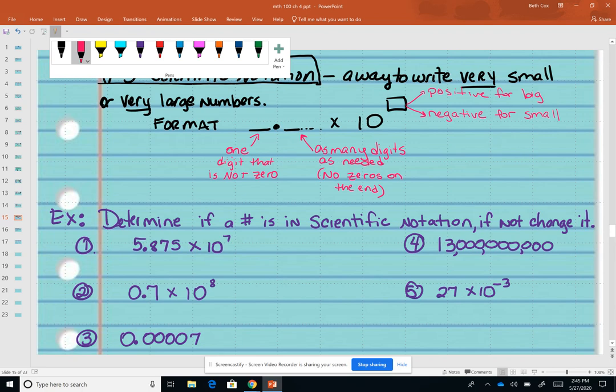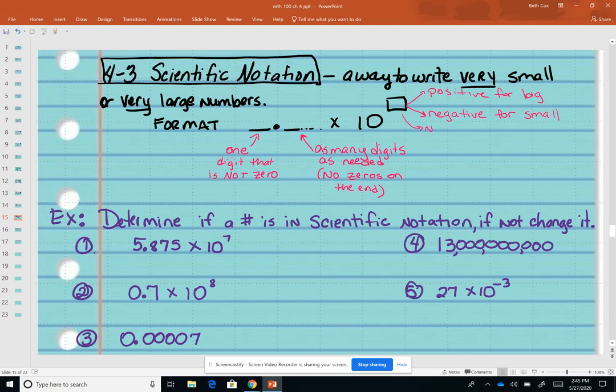This is not the number of zeros, because some of y'all have done that before, and that's what y'all think it is. It's not the number of zeros. This is the number of places, or the number of place values. Each place value is a power of 10. So that's not the number of zeros, it is the number of place values.